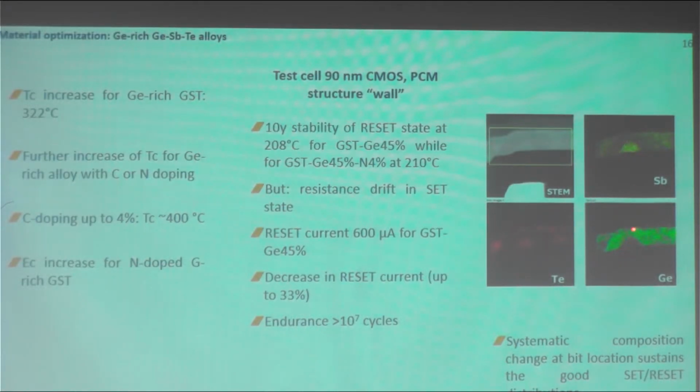If you compare, here is a lot of germanium, here is less. And this is also the antimony telluride phase without some germanium. So there is phase separation here, but nevertheless, such devices can be operated up to 10 to the 7 cycles.